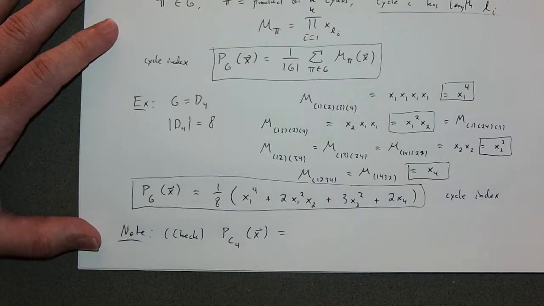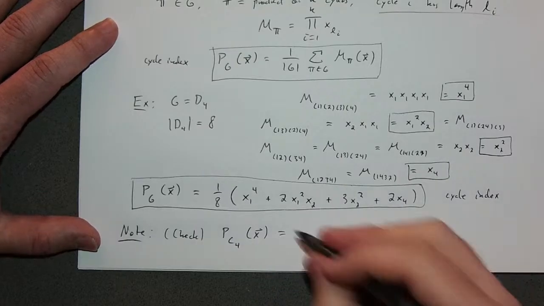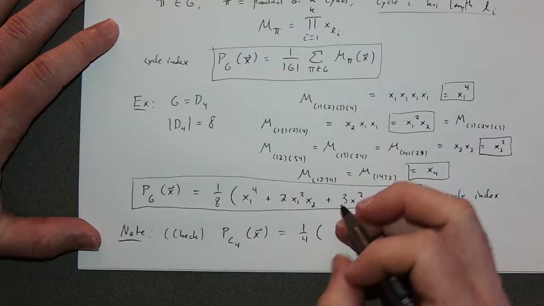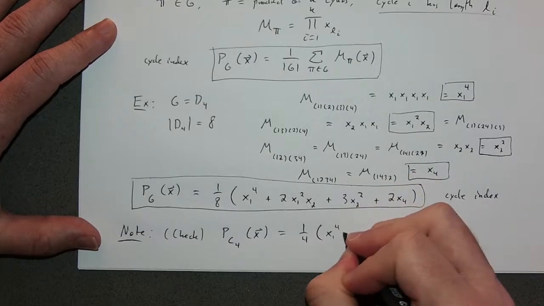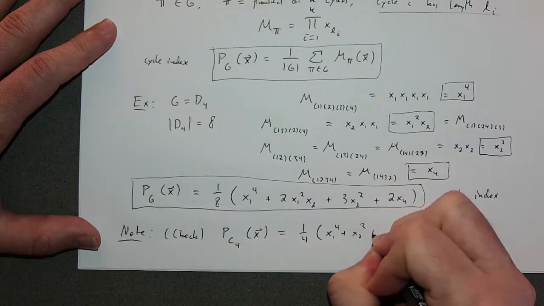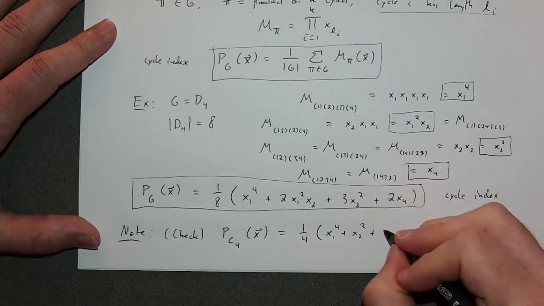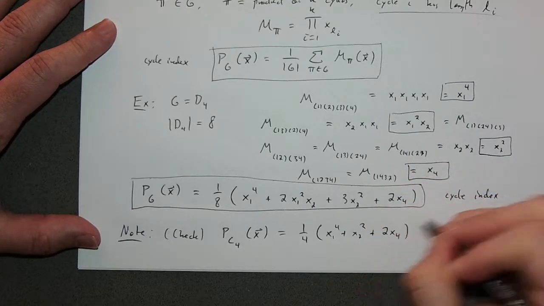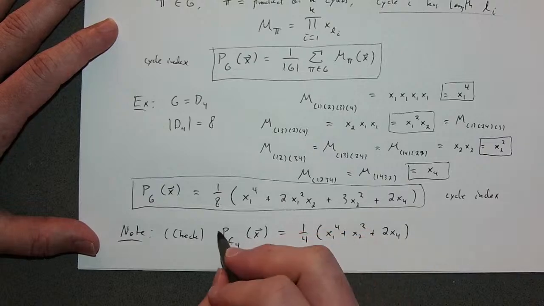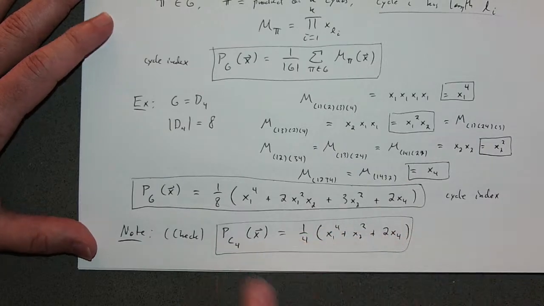I'll leave this for you to check, but this would be 1/4 times x sub 1 to the 4th plus x sub 2 squared plus 2 x sub 4. Okay, so this is just an extra check.